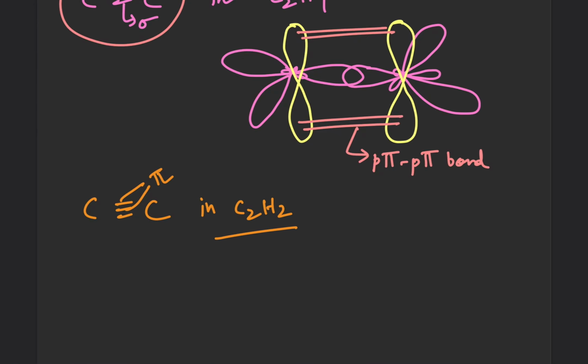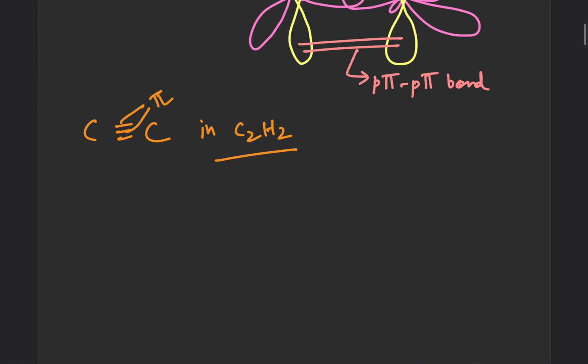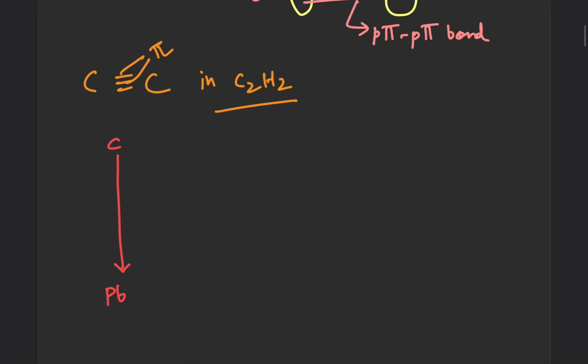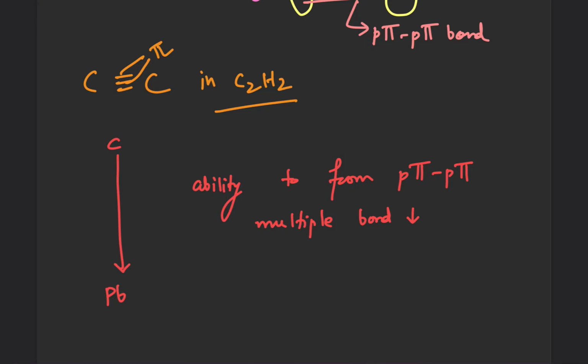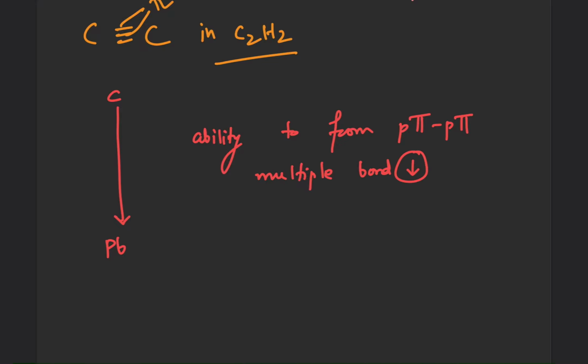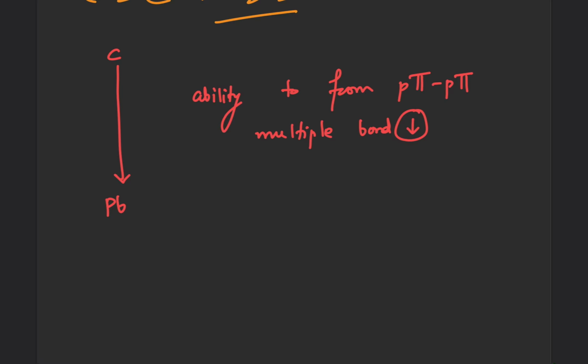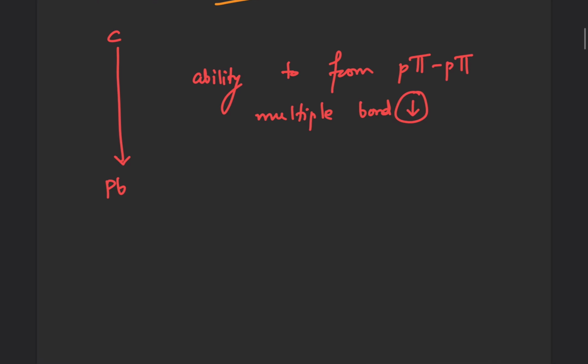Okay, so one extra point is that as we move down the group from carbon to lead, the ability to form p pi multiple bonds decreases. And this decrease is due to the corresponding increase in size, which leads to bigger orbitals, and decrease in electronegativity of atoms.